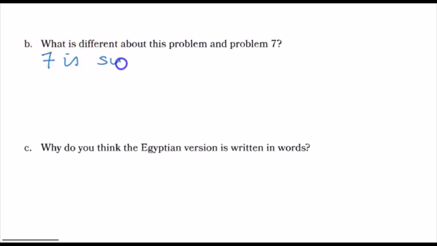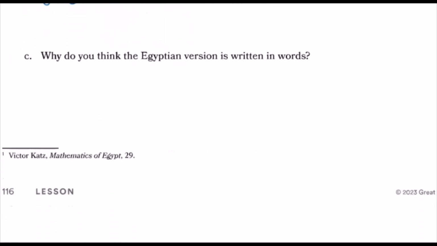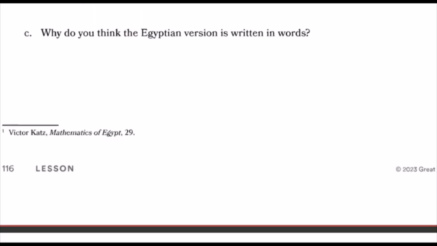Number 7 is symbols. Number 8 is words. Why do you think the Egyptian version is written in words? I don't know. I don't know why someone else would do something.